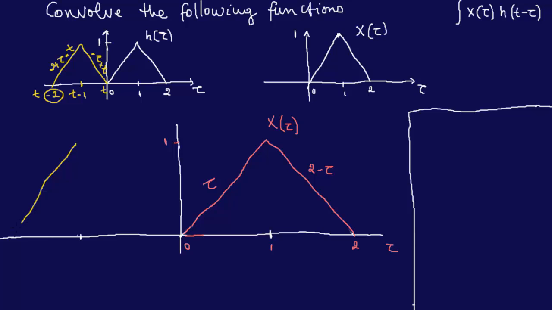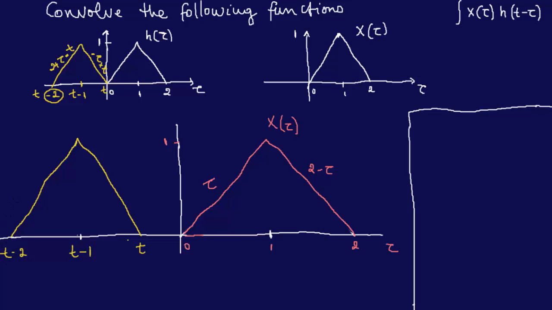This is what you have. We haven't started the shifting yet. We're just flipping and doing the h tau, t minus tau. And so you have a t minus 1 over here. You have a t here because you shifted it by t. You got a t minus 2 over here.